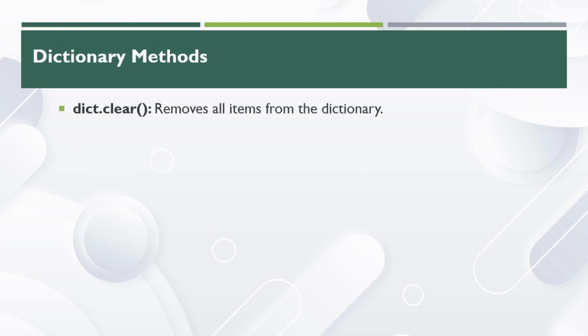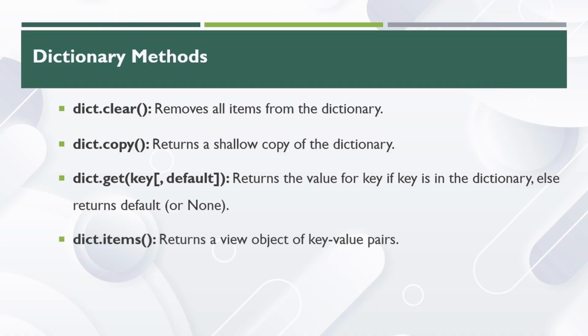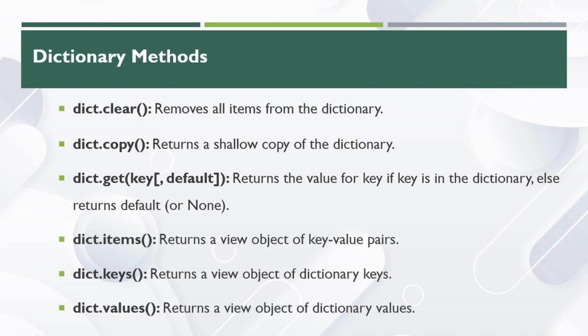For example, the clear method removes all items from a dictionary. The copy method creates a shallow copy. The get method returns the value for a key, and items, keys, and values return view objects.